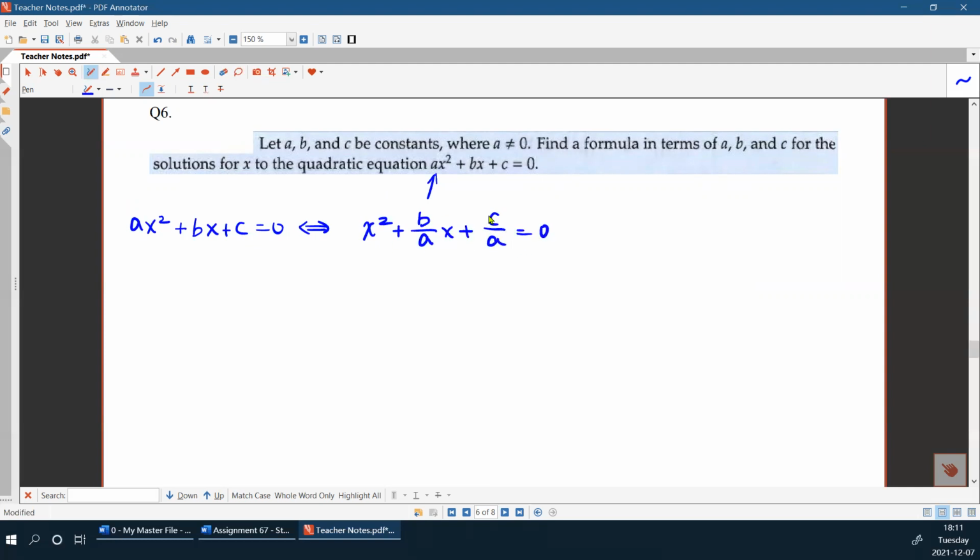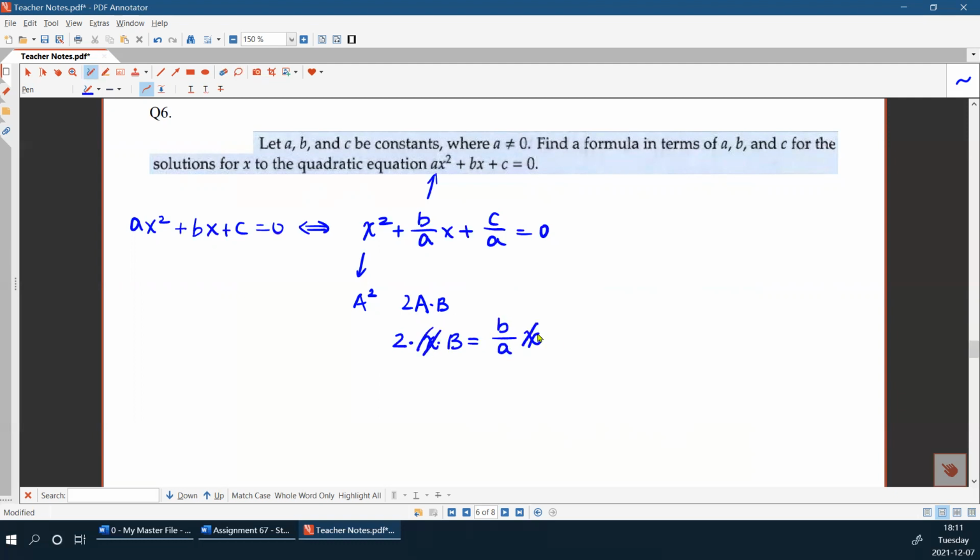So in order to complete the square, here we have A squared, and the middle term is 2AB, and we need our B squared. Apparently A is x, so 2AB is actually 2 times x times B, and this must be lowercase b over a x, right?